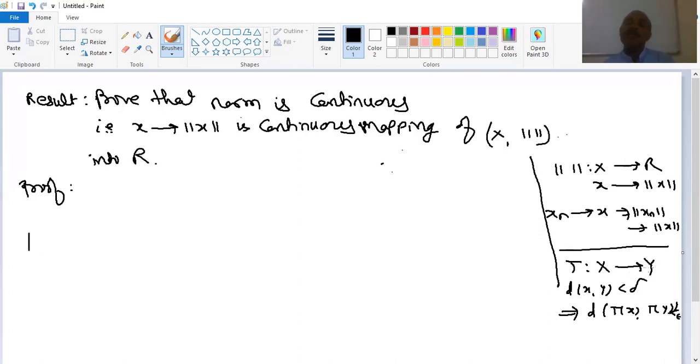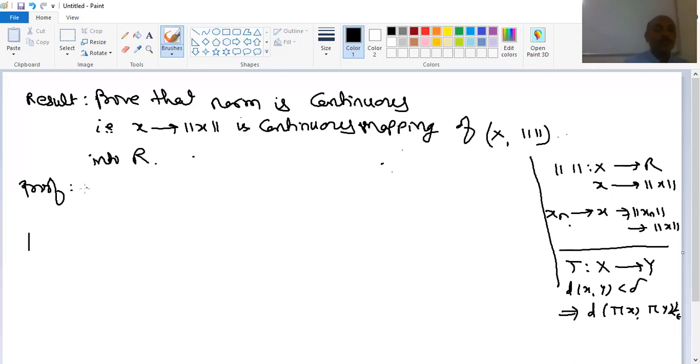Then we can say T is a continuous function. We have already seen this in a metric space. Here, instead of T, in this result, norm is there. Norm means the distance between xn and x is very small, then the distance between norm xn and norm x must be very small. That we have to show in this result.